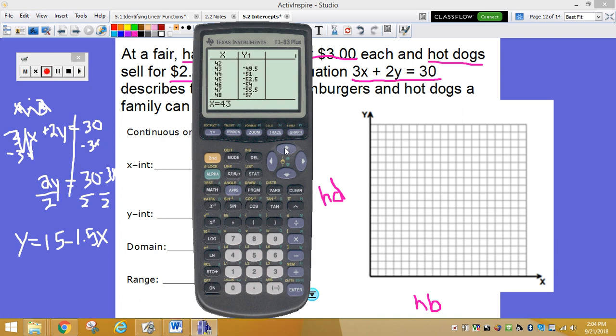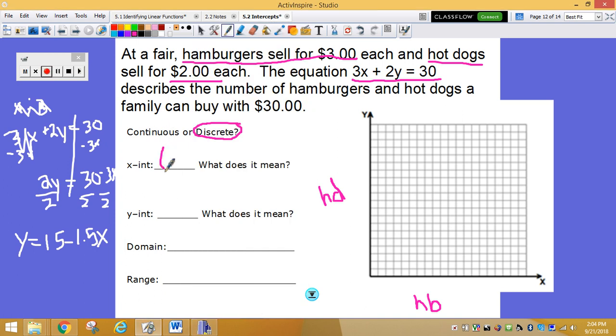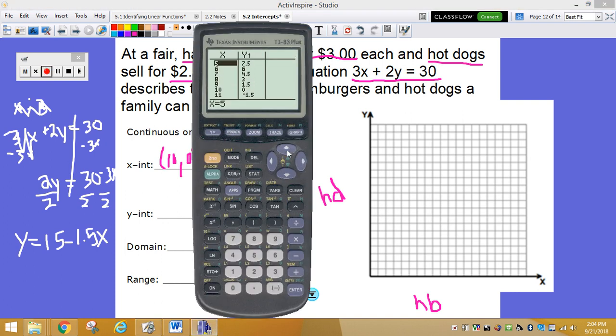And up and up and up. Okay, I'm going to stop right here. This is my x-intercept. It's at 10, 0, so let's go ahead and fill that in. My x-intercept is at 10, 0. And let's go up and find my y-intercept. My y-intercept is at 0, 15.